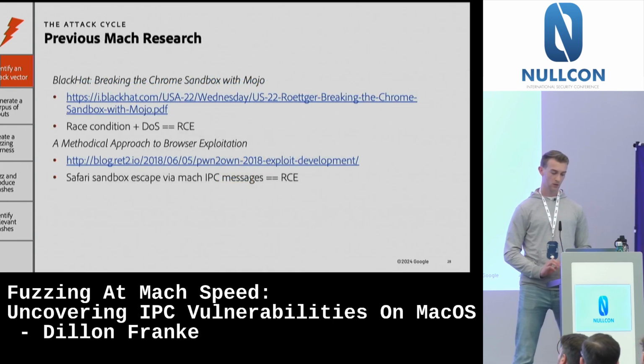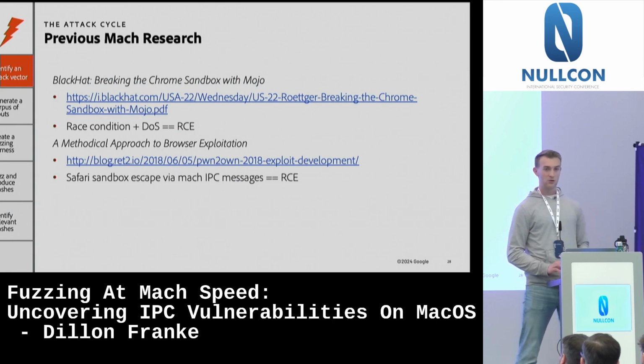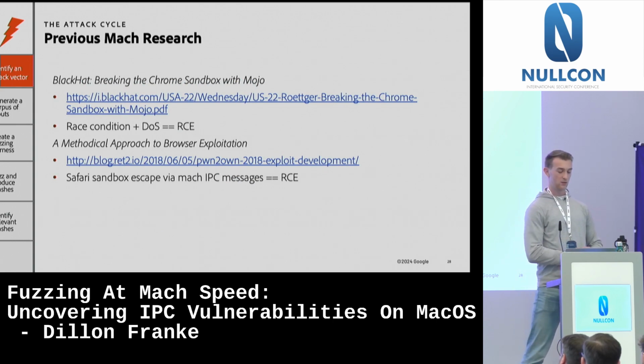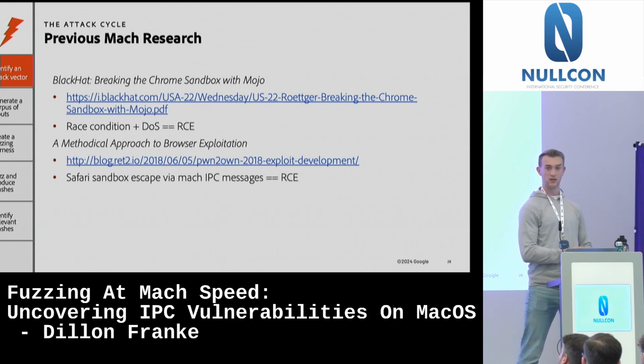I do want to call out just a couple of previous really successful research white papers that have been really inspiring to me in this research. The first one was a Black Hat talk that I was fortunate enough to attend about breaking out of the Chrome sandbox using Mojo, which is another macOS IPC mechanism.